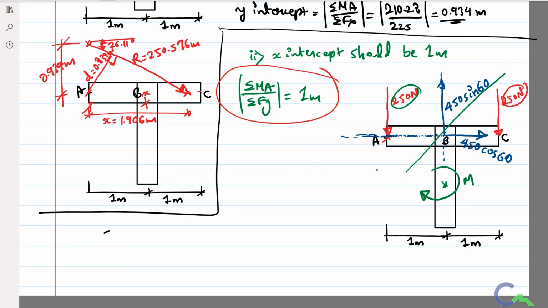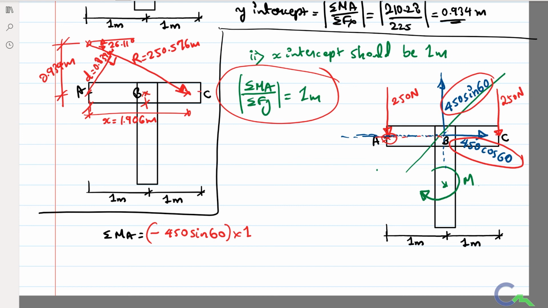So sigma MA is equal to, first I will consider this 250, it is passing through A, therefore it is not going to rotate. Then I will consider this 450, it is passing through A, is not going to rotate. Then we have this 450 sin 60, if I apply that one, it is going to rotate in anti-clockwise direction. So I will take this as minus 450 sin 60 into distance is 1 meter. Then we have one more force, that is 250 Newton.